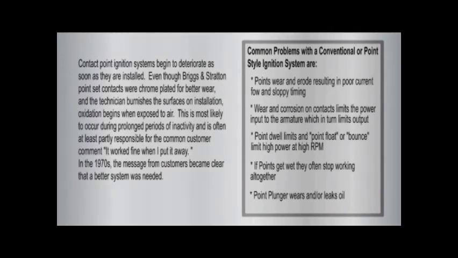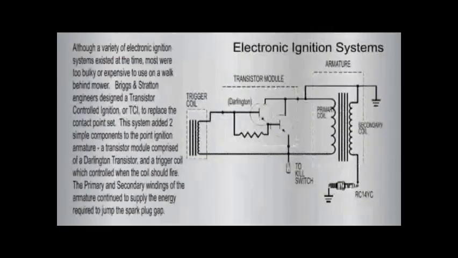In the 1970s, the message from customers became clear that a better system was needed. Although a variety of electronic ignition systems existed at the time, most were too bulky or expensive to use on a walk-behind mower. Briggs & Stratton engineers designed a transistor-controlled ignition, or TCI, to replace the contact point set.